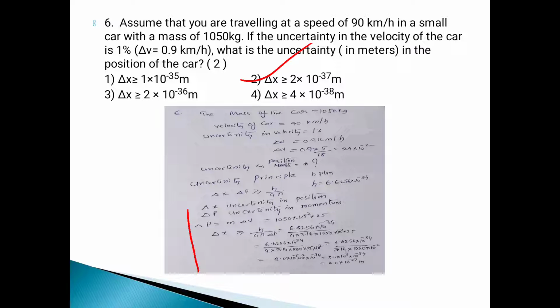That means for any particle we cannot get momentum and position accurately. If you get one thing accurately, the uncertainty in the other thing becomes more and more, so we cannot get both things. That means we cannot perfectly identify the location of the particle. That is impossible.